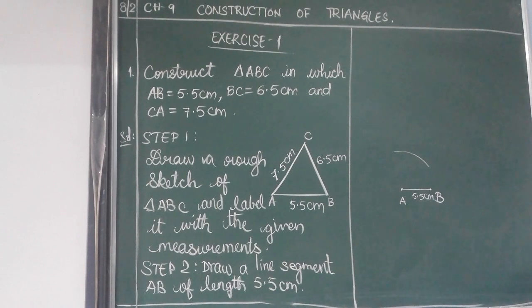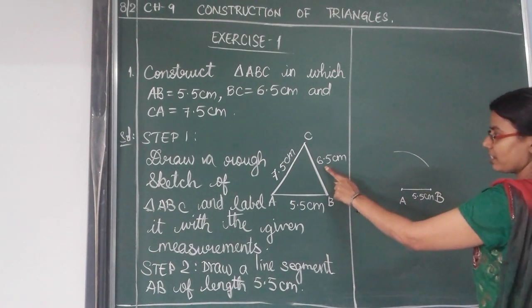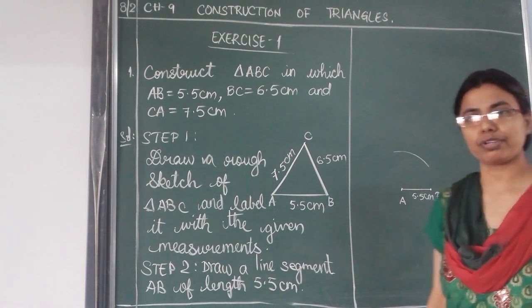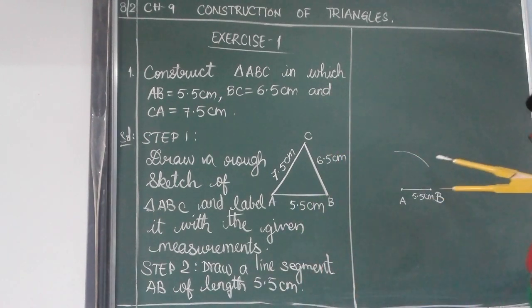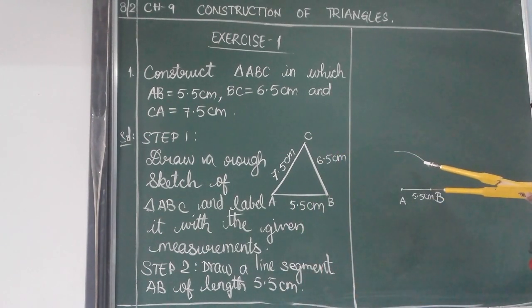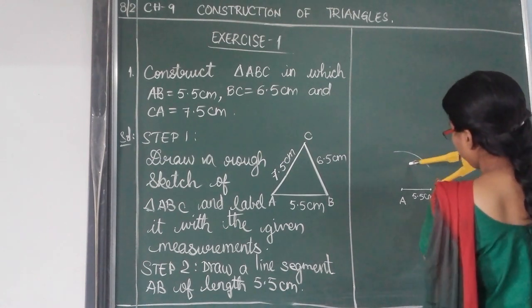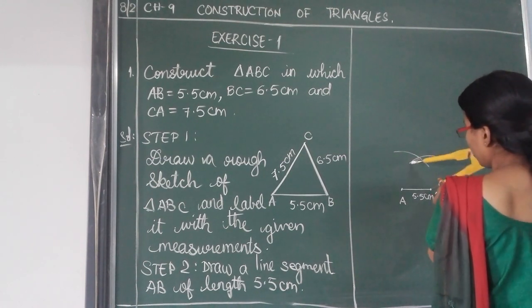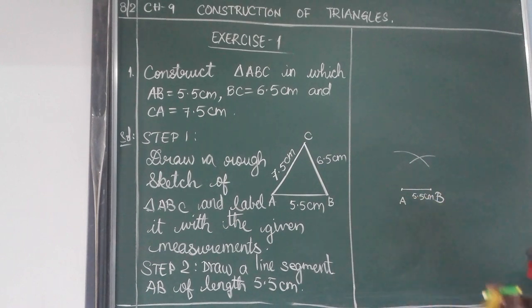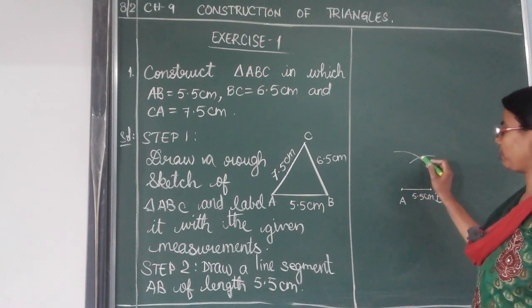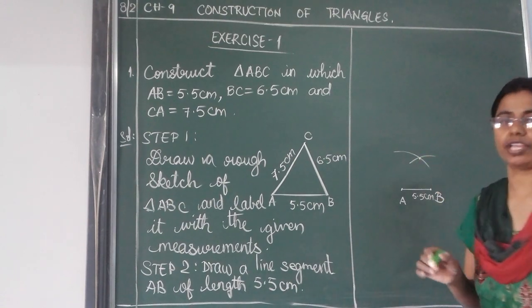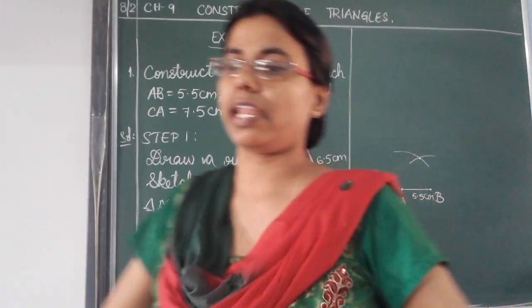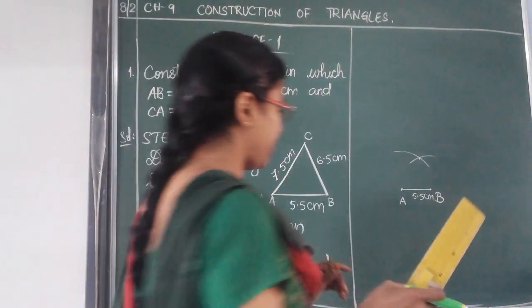So now here the length is given as 6.5. So use your scale, measure the length 6.5 and then use your compass, keep it at the point and then draw an arc. Okay, so you can see that both the arcs are meeting at a point. Mark that point. Now use your scale and join the lines.